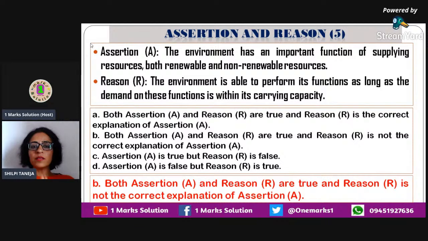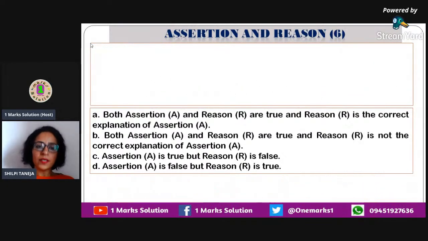So both the statements are correct in themselves, but the reason is not the correct explanation, because that statement is only telling us that the environment has the function of supplying resources, whereas in the reason we are talking about the carrying capacity of the environment. So both the statements are true, but reason is not the correct explanation of assertion.